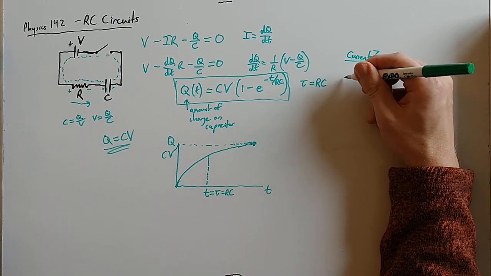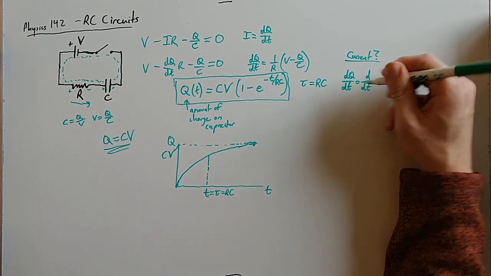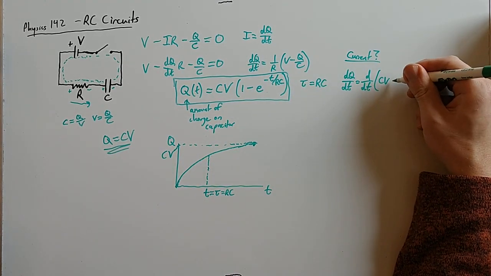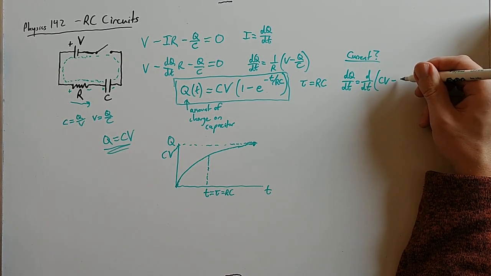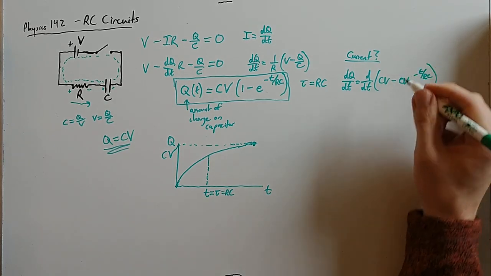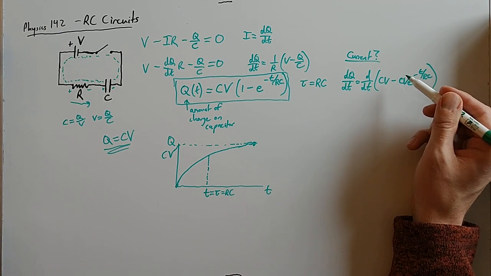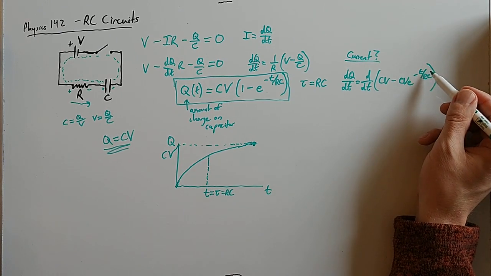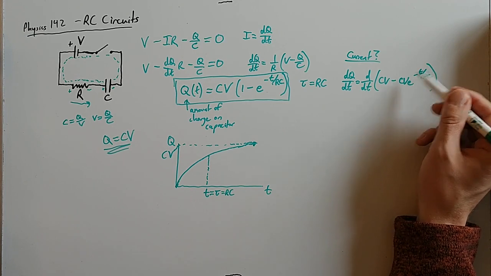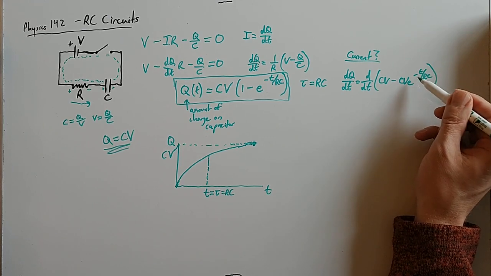Well, for current, we need to take the derivative, dq/dt. So that's going to be d/dt of this thing, CV minus CV e to the minus t over RC, and we're taking the derivative with respect to time. This term ends up just being a constant, and here, when we take the derivative, we get a minus 1 over RC that comes down.